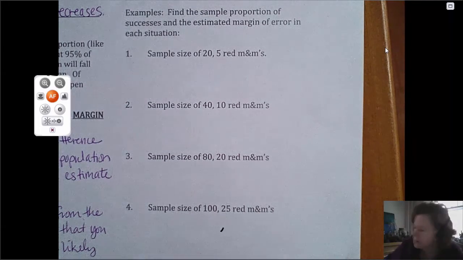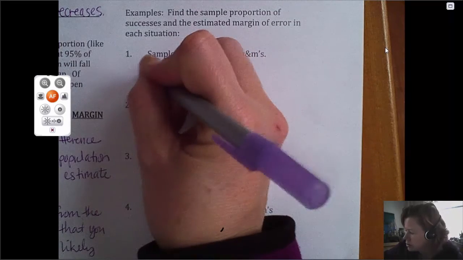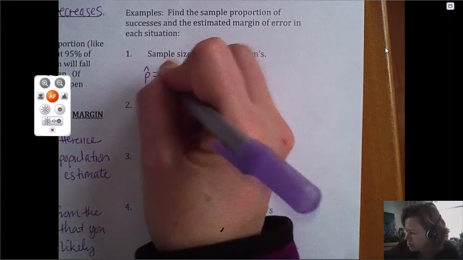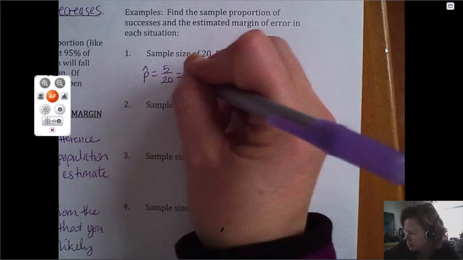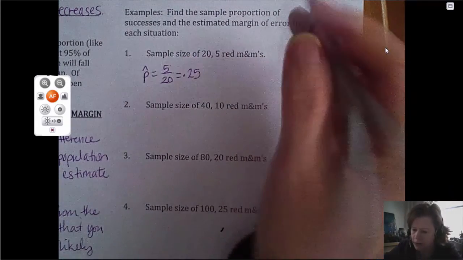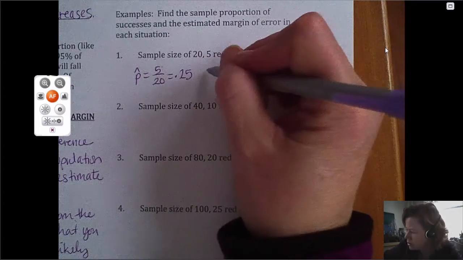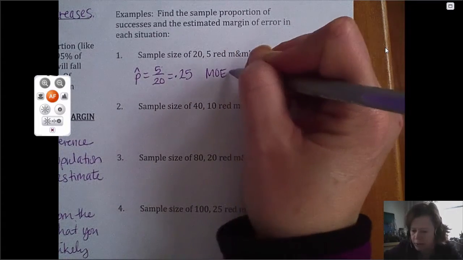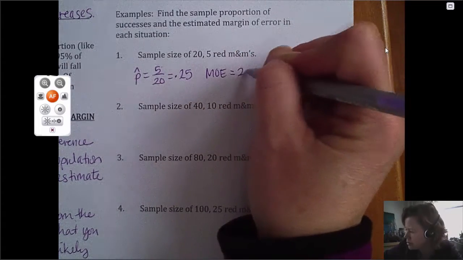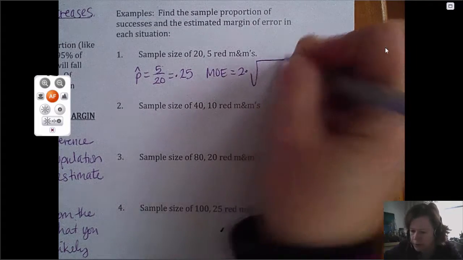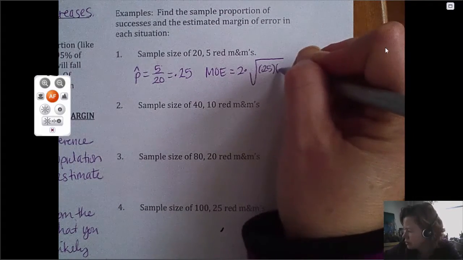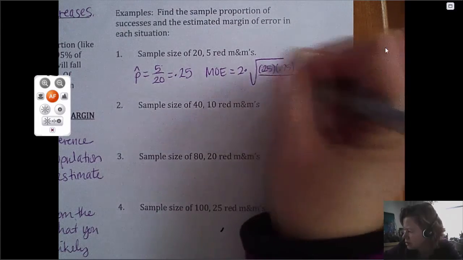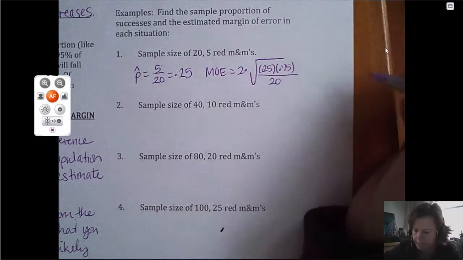Well, our proportion is 5 out of 20, and that's 0.25, which means our margin of error for that proportion will be 2 times the square root of 0.25 times 1 minus that, or 0.75, over my sample size of 20.